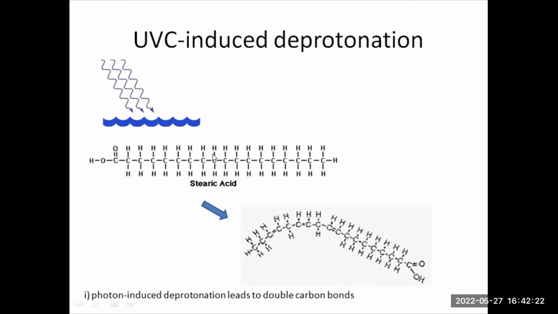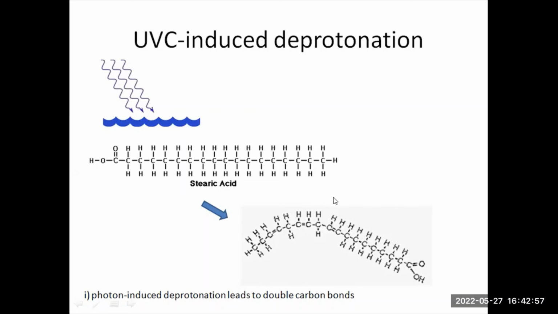The bond which was from the carbon to the hydrogen goes to the carbon at its side, and we start forming these double bonds. But they would be formed rather arbitrarily, that is, at random along the chain. So essentially, there would not be conjugation unless by chance it happened to be every second carbon atom which lost its hydrogen.